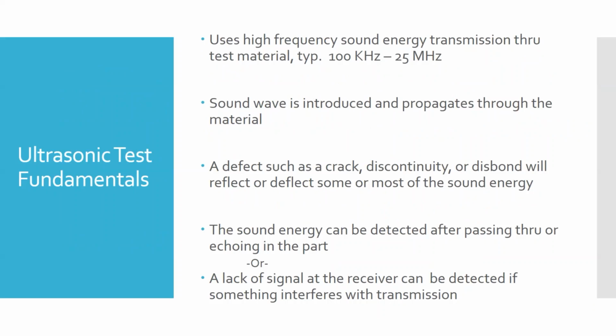Things like a crack, a discontinuity, or a disbond will cause reflections or deflections or changes in the sound energy in some way different than what we would expect if the sound was traveling through a part that wasn't damaged or didn't have that crack, defect, or disbond.